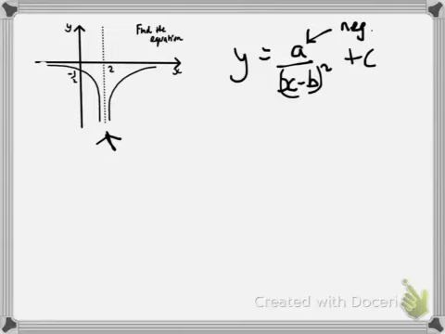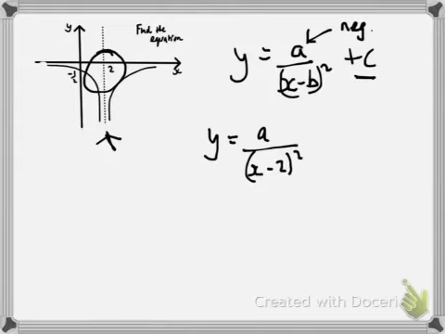So let's have a look at what we've got. We've got y equals a over x minus 2 squared. Why is it x minus 2 squared? Because it's been shifted 2 places to the right. And we can see that there is no plus c, because the asymptote is still on the x-axis. So we've only had a shift to the right, and the shift to the right is 2 places.